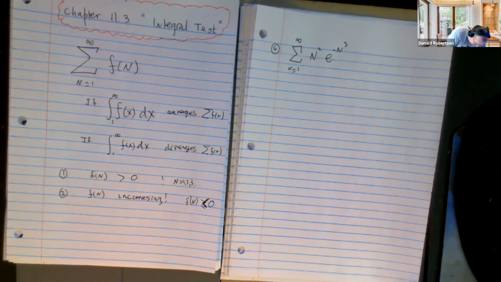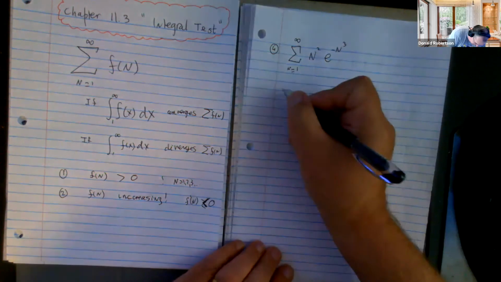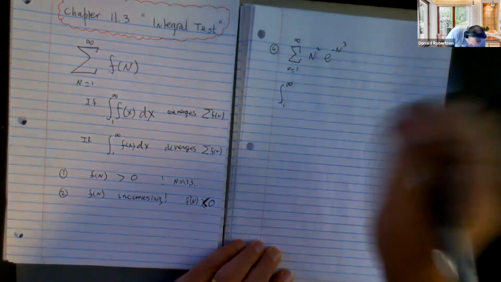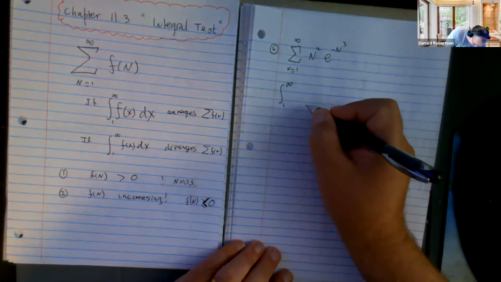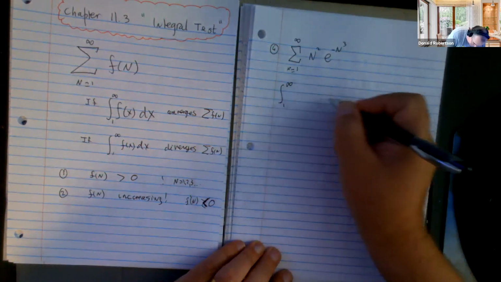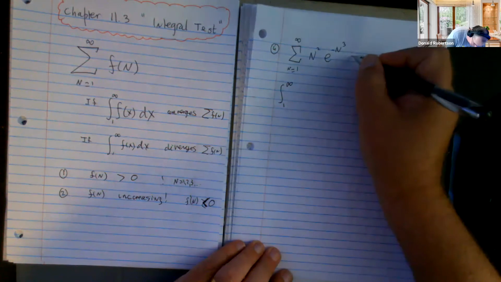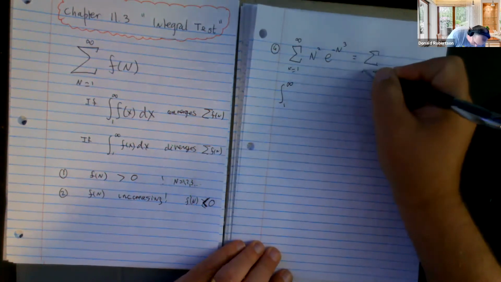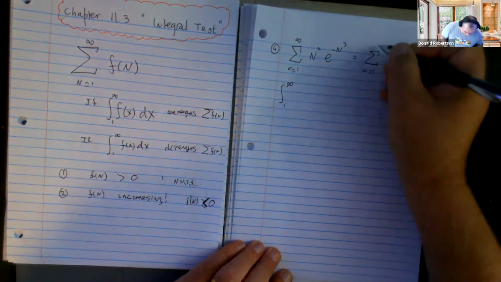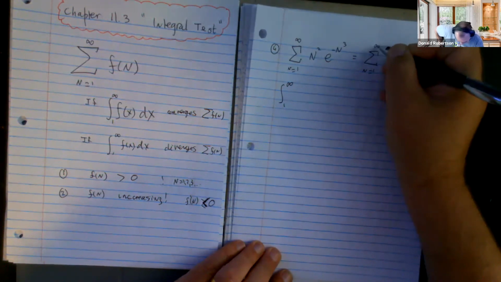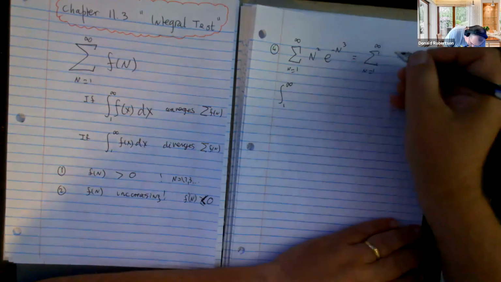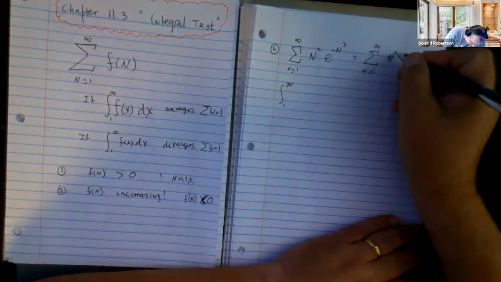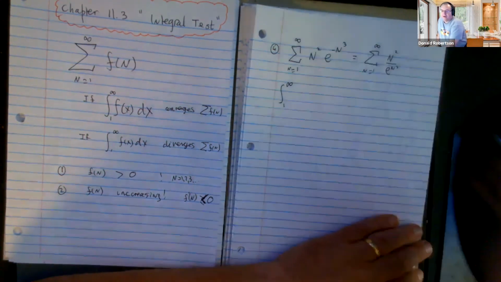So I'm going to tell you the first bit is true, right? It's positive and the thing is decreasing. But I'm going to rewrite it a little bit differently. I'm going to rewrite it like that.